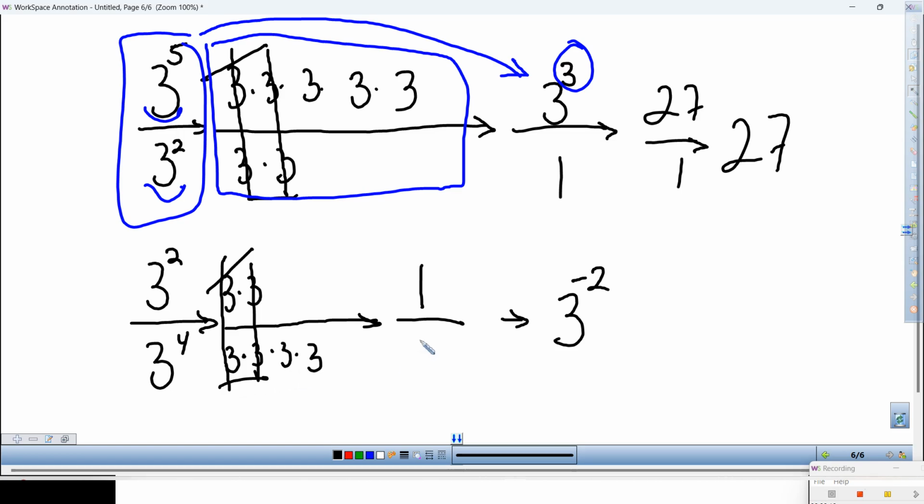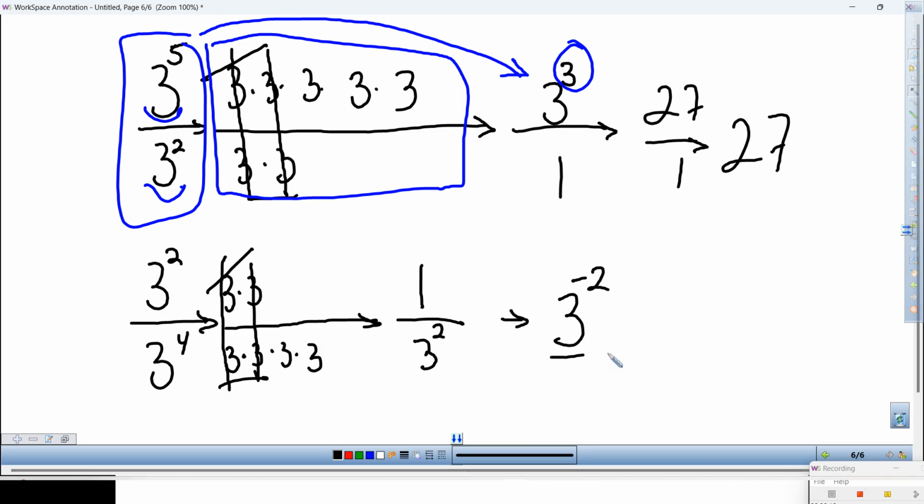Denominator, 1 times 1 times 3 times 3 is 3 to the... Whoa, what just happened? You're like, well, wait a minute, Mr. Q. So if I use the rule, it's a negative, but if I don't use the rule, it's a reciprocal with a positive exponent. That is correct.